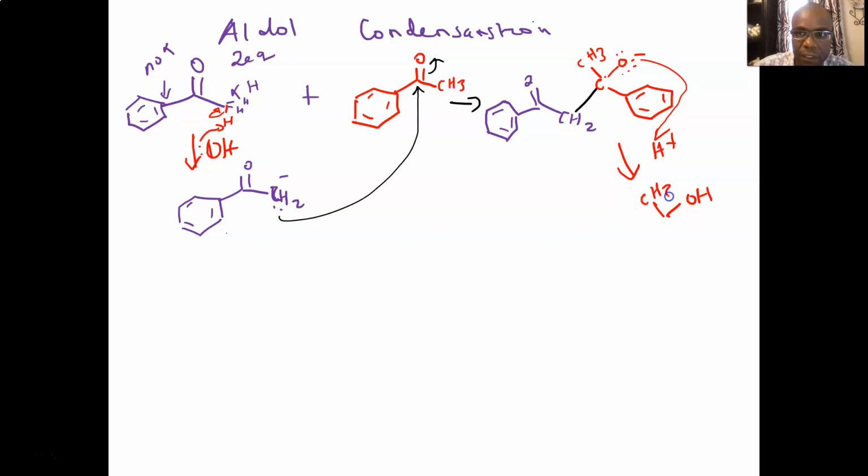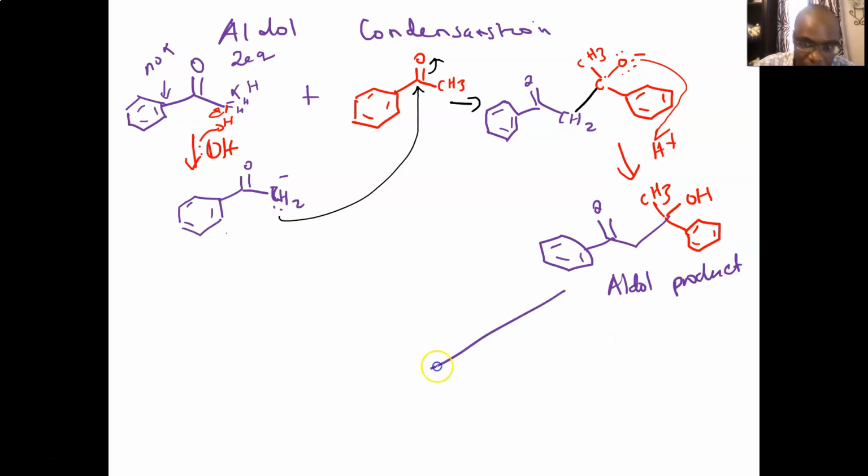CH3 is still there, the ring is still there, the red ring is still there, and the purple ring is still there. So I'm just gonna draw the purple ring here. So in summary, you get an OH and the carbonyl, and I told you this is called the aldol product.